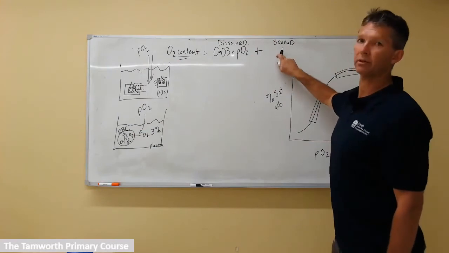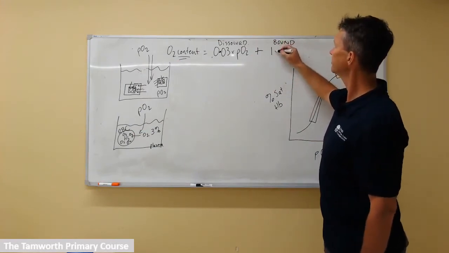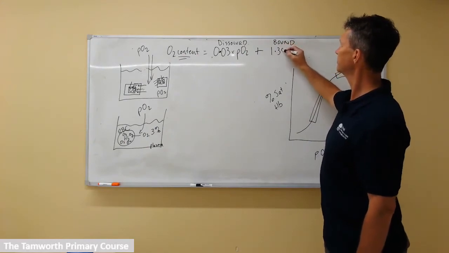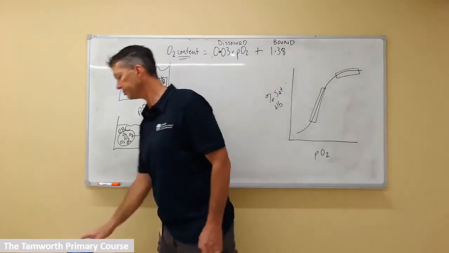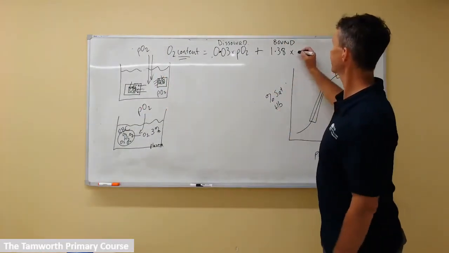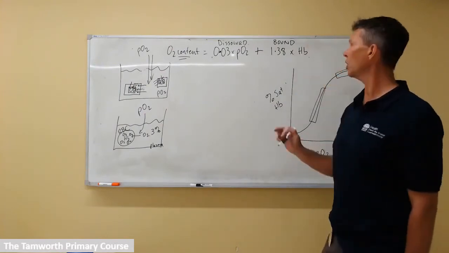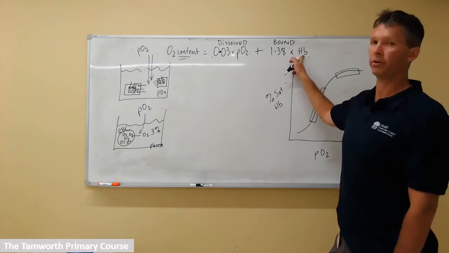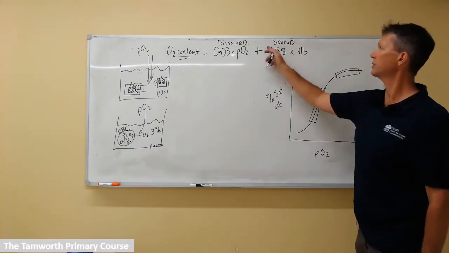We know that 1 gram of haemoglobin can hold 1.3 mils of oxygen. And so if we know how much haemoglobin we have, gram percent, or whatever measure you want to use, we'll change this factor.